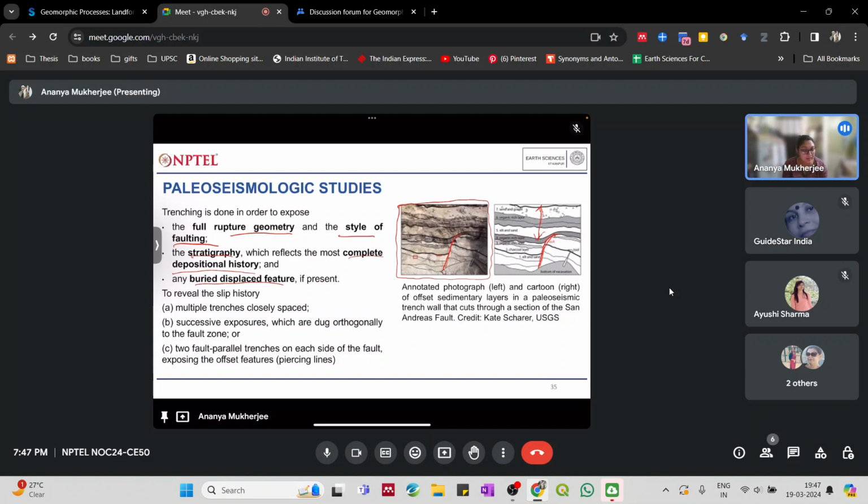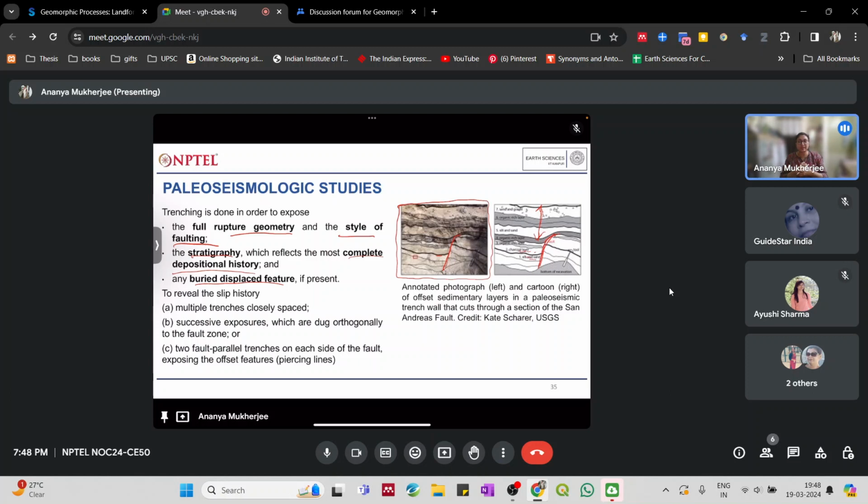So if you can date the material, say this charcoal layer material over here, or this sand and silt material over here, then you can date the age when the displacement about the fault had actually taken place.